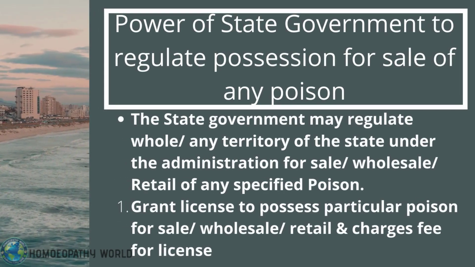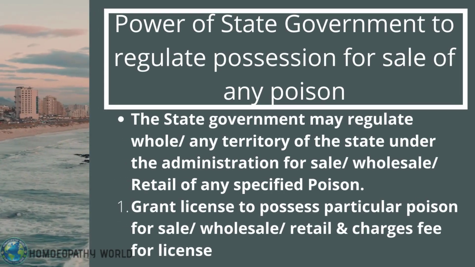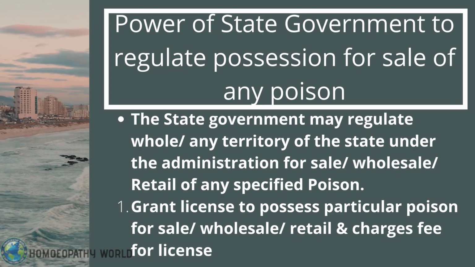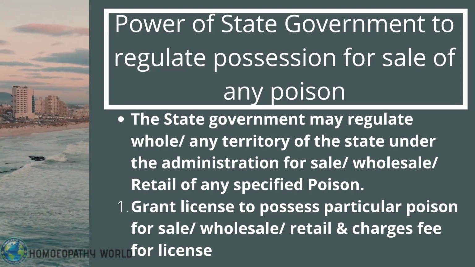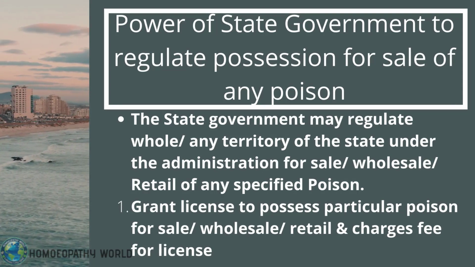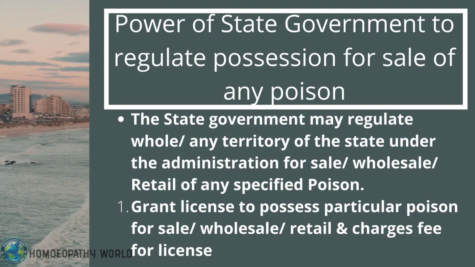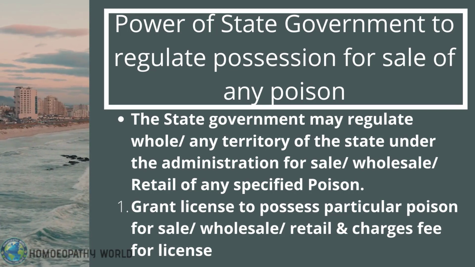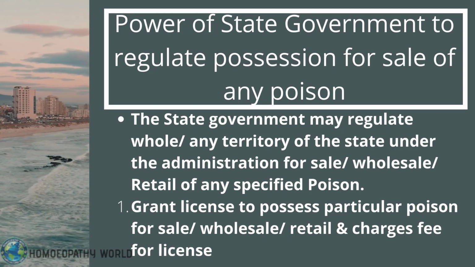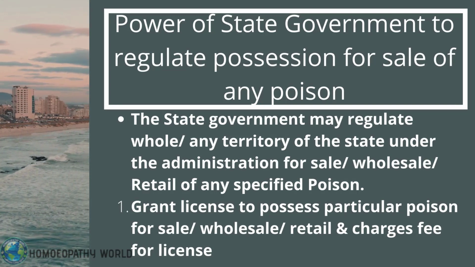We'll see what are the powers of state government to regulate the possession for sale of any poison. So what is the role of state government in the sale of any poison? The state government may regulate, in the whole or any territory of the state under the administration, the sale, wholesale or retail of any specified poison.